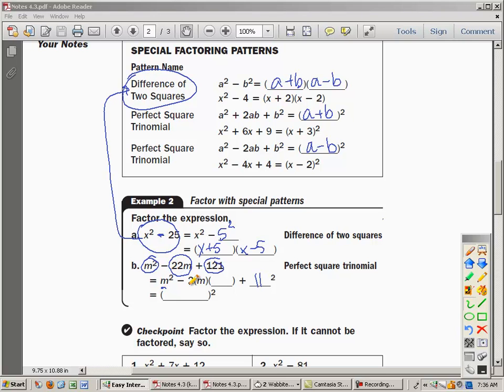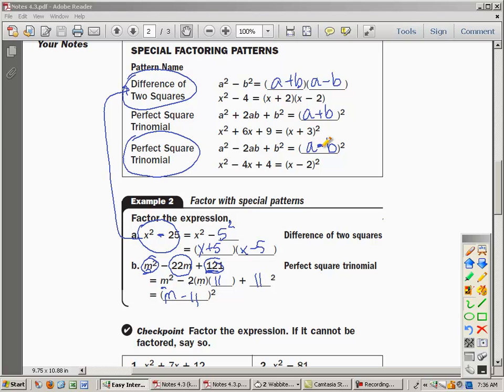So this is 2 times m times 11, and since that middle term is twice the product of the first term and the last term, without the squares on them, all right, then I know that this is the same thing as m minus 11 squared. All right, again, the whole thing squared. So again, that's just the difference of a perfect square trinomial when it's the difference.